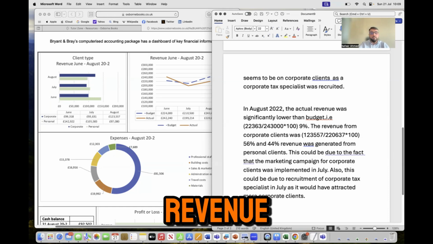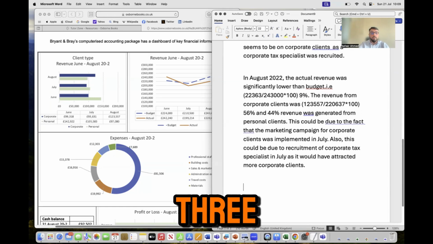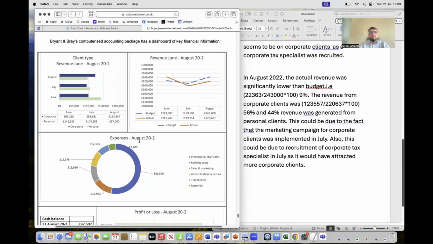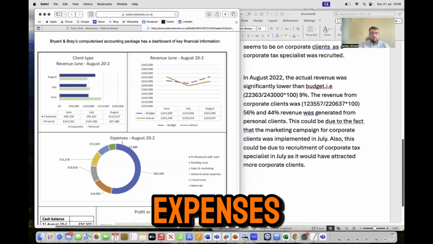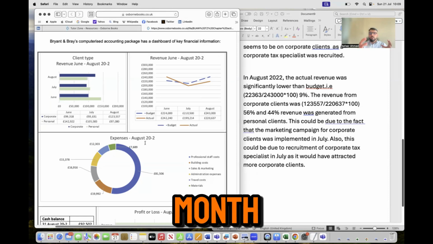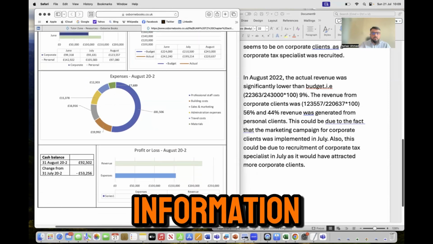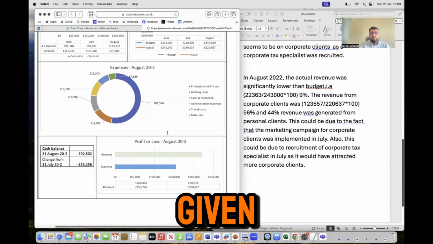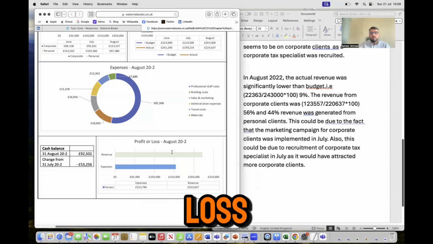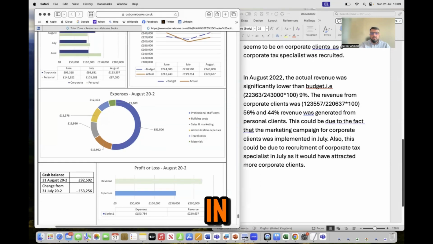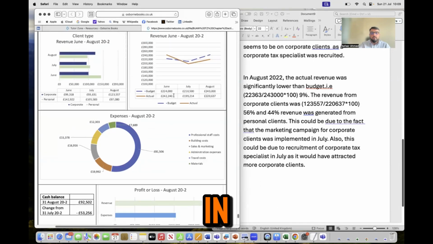So you talked about the revenue for all of those 3 months. Now, if you look at some of the other information as well, so if you look at the expenses, they're giving you expenses for the month of August, and they also given you information about cash. They also given you information about profit and loss. Okay, so if you look at the revenue in total, in the month of June was 242,240.